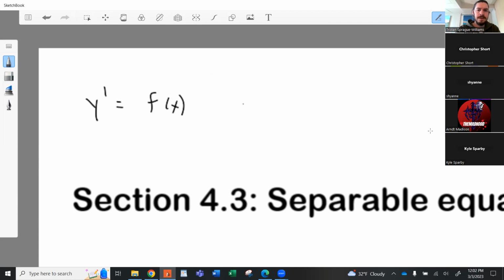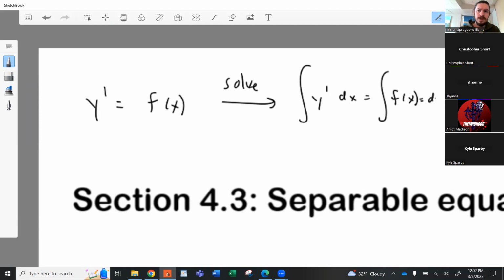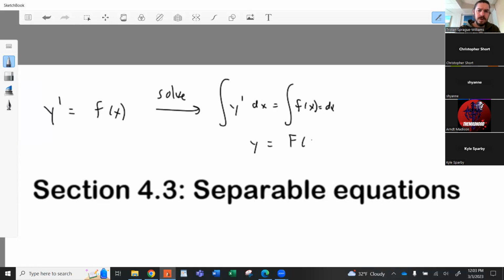How do you solve that? You solve it by just integrating. Integrate y prime dx, you integrate f of x dx, and you get y equals some antiderivative. And you obtain the general solution with that plus c on the end, the general antiderivative.